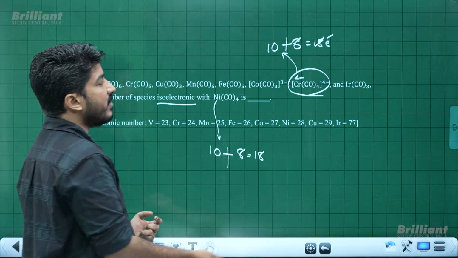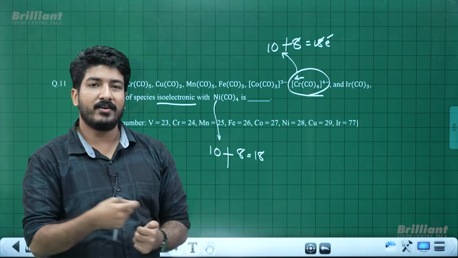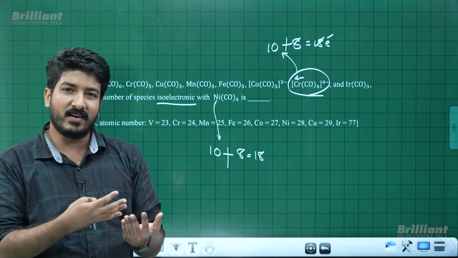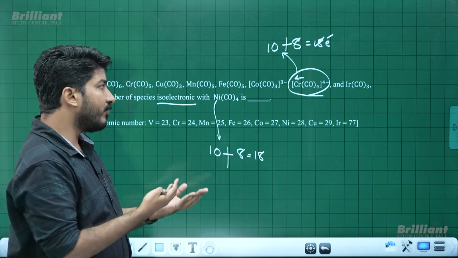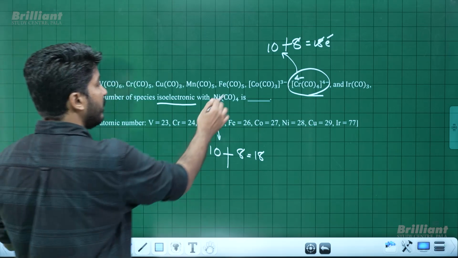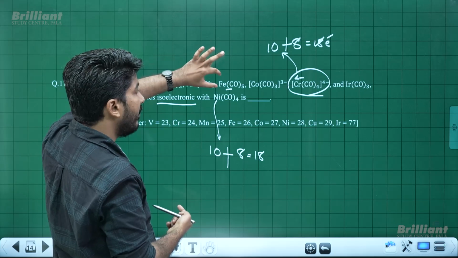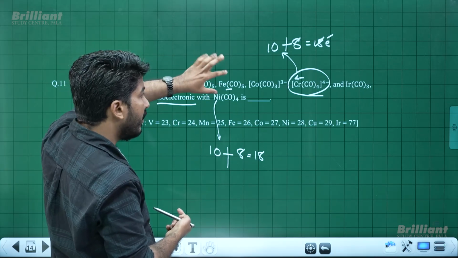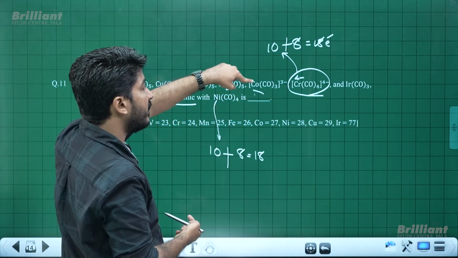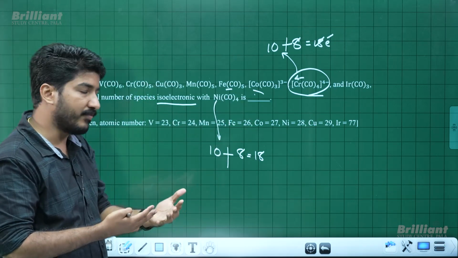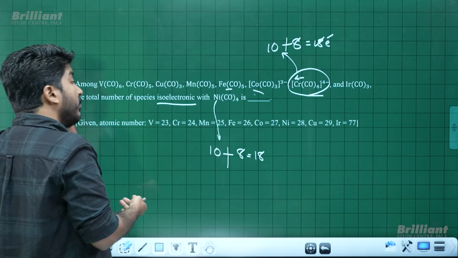Or if you are simply taking a total valence electron count around the central metal, then of course you can find more complexes. This will have the same number of valence electrons around iron after bonding, and this also will have the same number of valence electrons around cobalt after bonding. So that depends on the definitions.